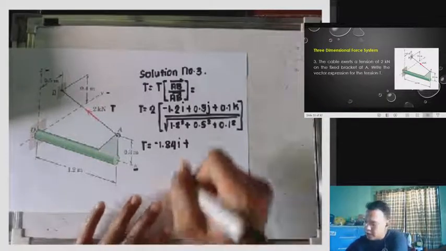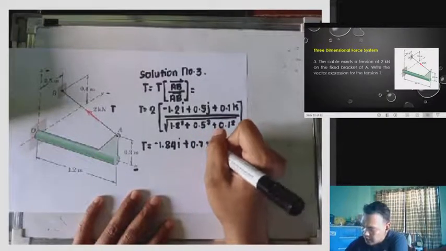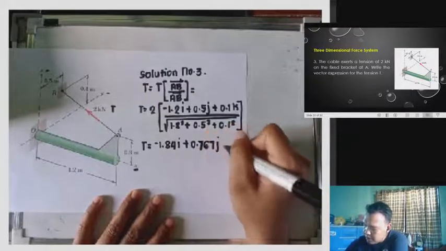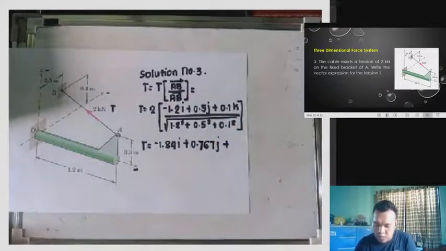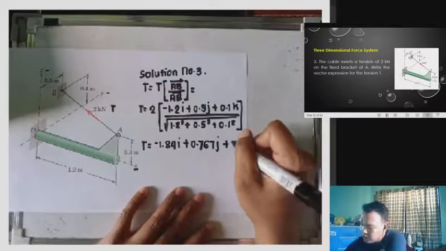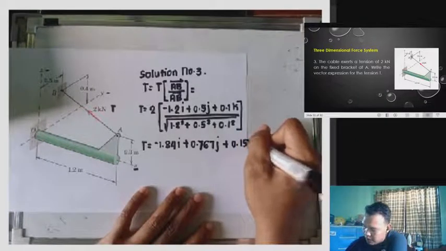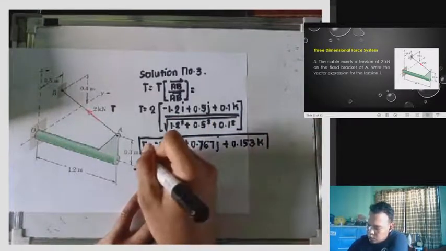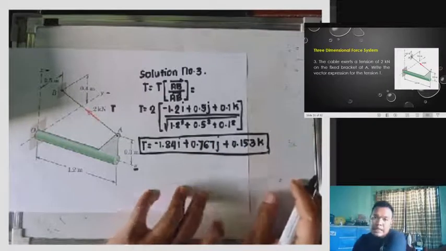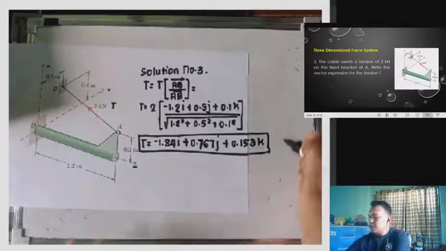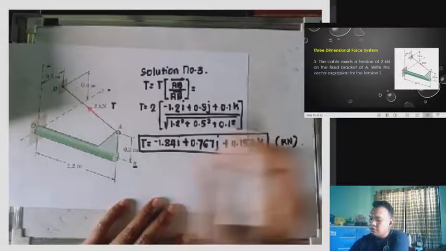We have here 0.767 j plus the value of yung z, 2 times 0.1 all over the square root of 1.2 squared plus 0.5 squared plus 0.1 squared. We have here 0.153k. Therefore, ito po yung value ng vector component ng T. Okay? Yan. So, unit is in kilonewton kasi naka-kilonewton po yung value ng T.